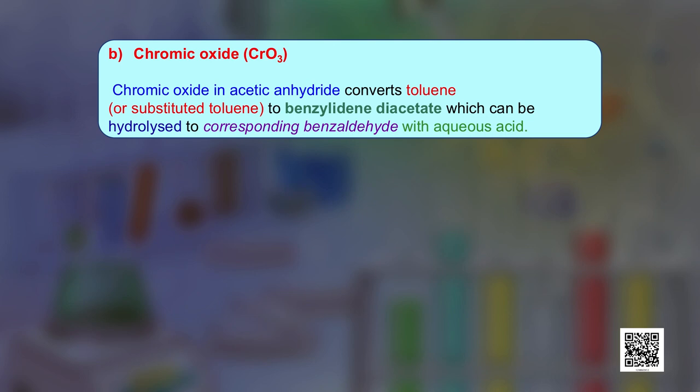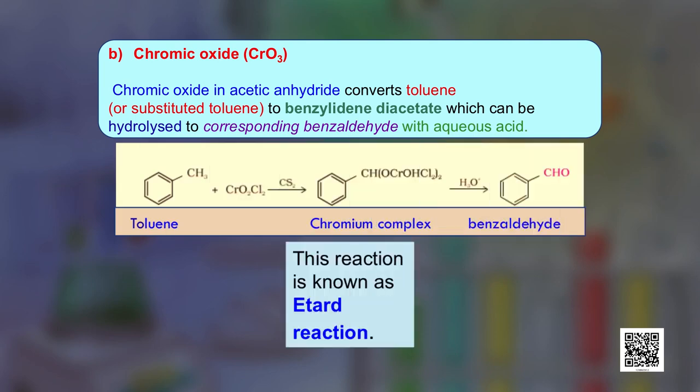The second method involves chromic oxide in acetic anhydride, and it converts the toluene or the substituted toluene to the corresponding benzylidene diacetate, which can be further hydrolyzed to the corresponding benzaldehyde with aqueous acid, and this reaction is known as Etard reaction.